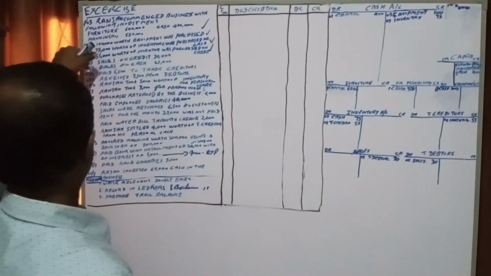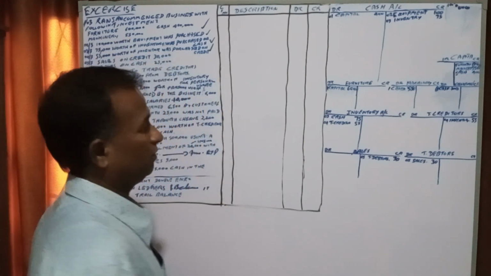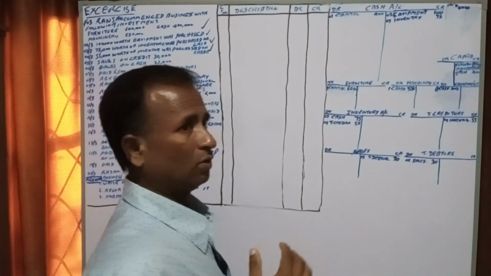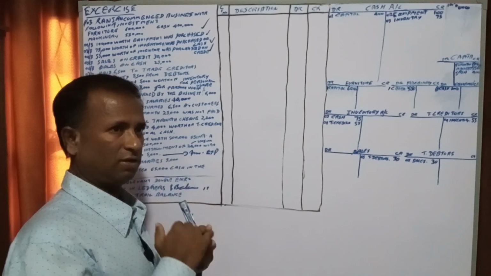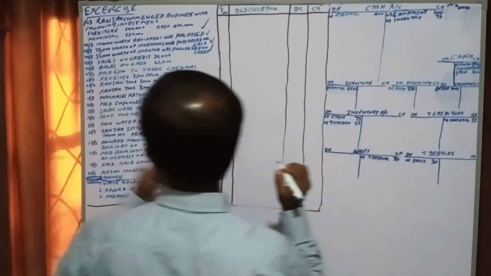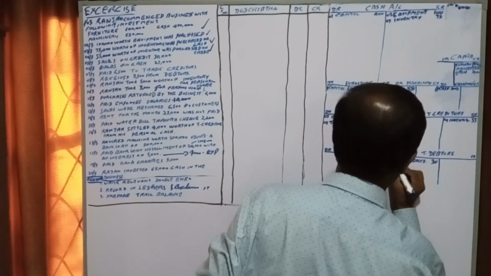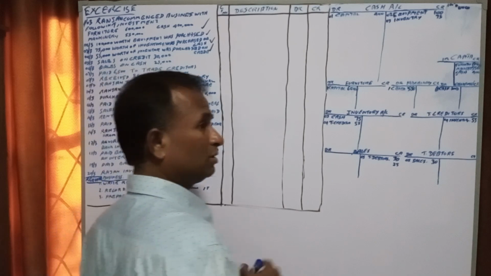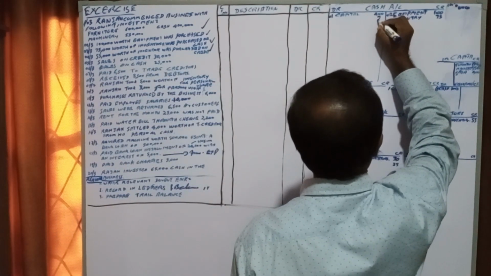Next, on 6th of March, sales on cash basis. We have made sales on cash basis. So sales is revenue, and revenue is increasing. If the revenue is increasing, it has to be credited. So we are crediting the 25,000. Since for the sales we are receiving the cash, we debit the cash book.